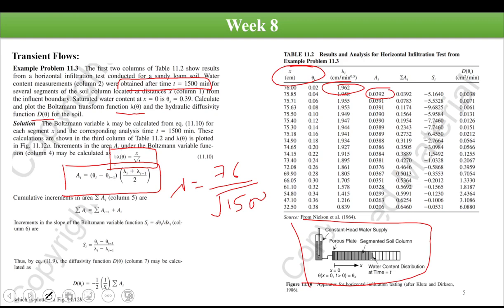Based on this, we will calculate the cumulative increment, that is the summation of A 1 to A I.